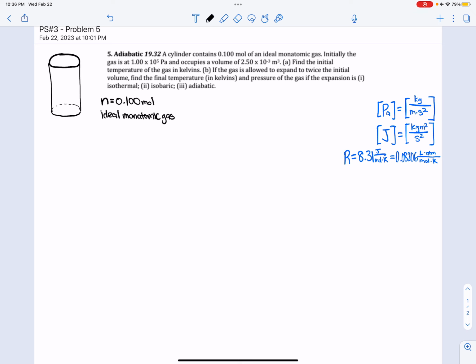Given that my initial pressure is 1 times 10 to the 5th pascals, and my initial volume is 2.5 times 10 to the negative 3 cubic meters. All right.